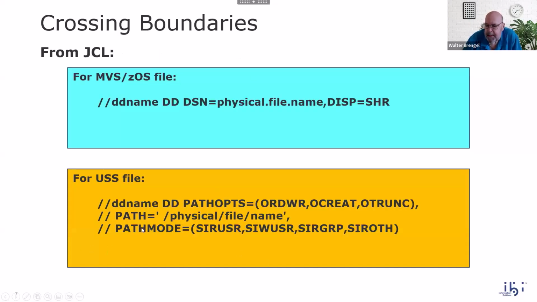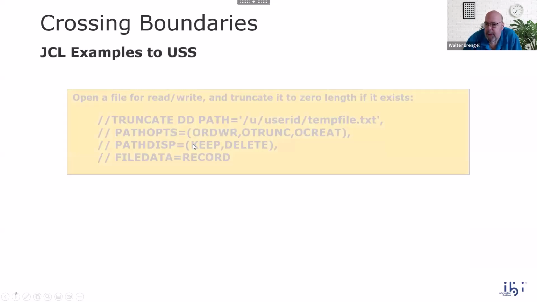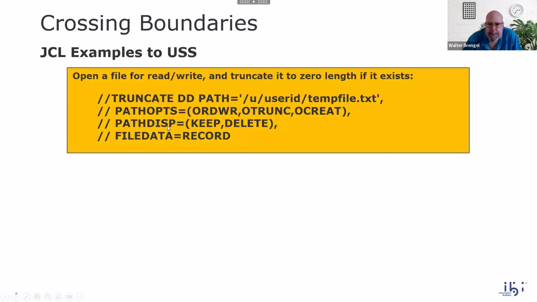The path ops, the path mode, and the path are the only ones we have. If you notice in here, there's also a path disposition, just like disposition for a data set. It tells you if the job finishes without a problem, we're going to keep the output file, and if it abends, we're going to delete it, just like the normal disk.